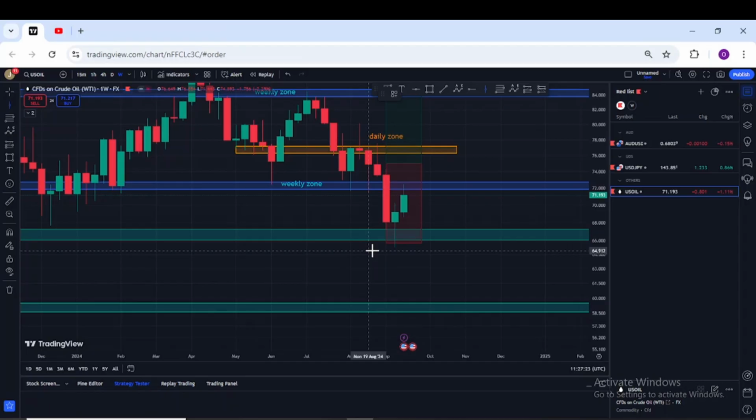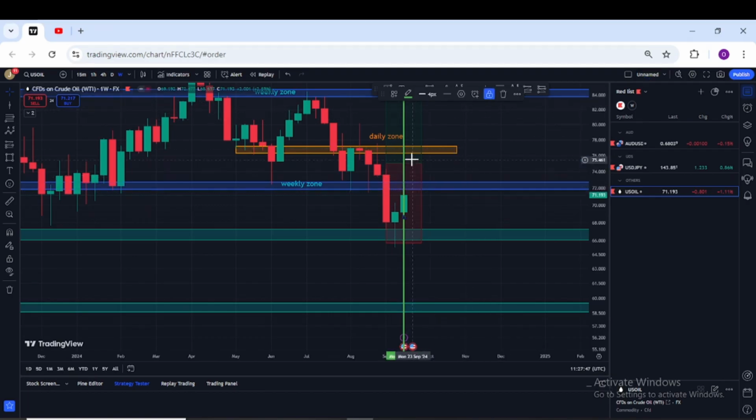Which color of candlestick was printed last week? Guys, our last candle here is what? Yeah, our last candle here is bullish, which is this. Then I put a green vertical line on it.